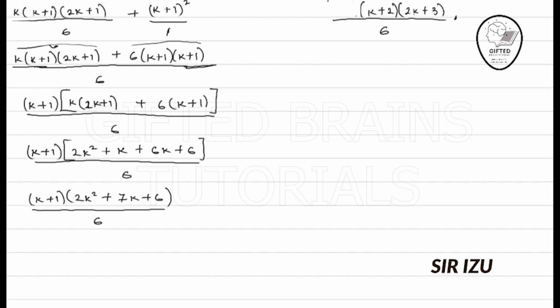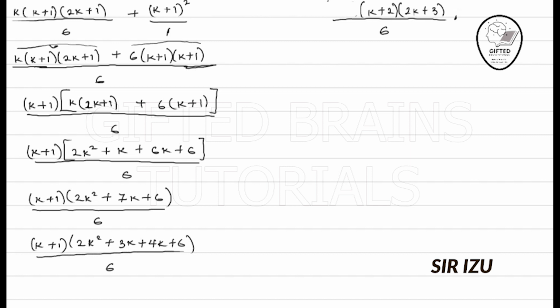Obviously we can use 3k and 4k. Let me just show the factorization for clarity's sake. So we have in brackets 2k squared plus 3k plus 4k and then plus 6, everything again all over 6.